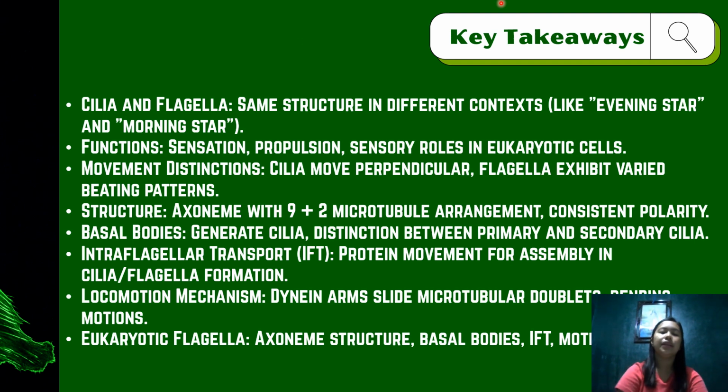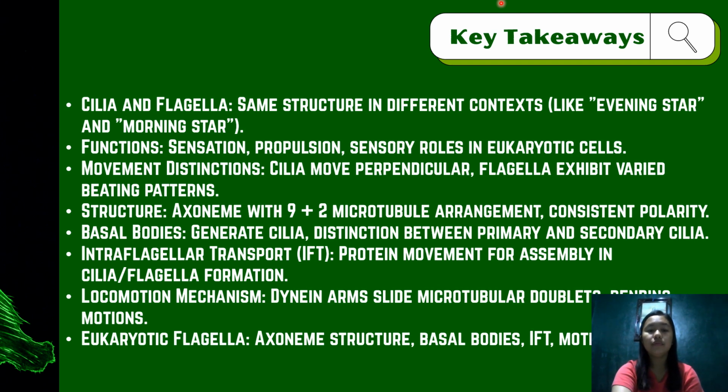So, review tayo. So, contrast the sensory and motile functions of cilia and flagella. Describe how failures of these different ciliary functions contribute to human diseases. So, una, sensory functions. Cilia. Many cells in the human body have non-motile primary cilia na nagpo-function as antennas.